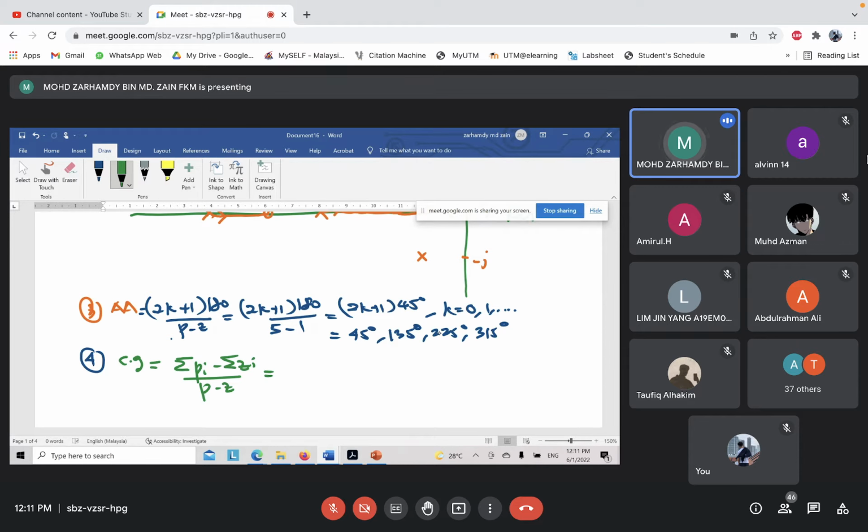So from here, I believe you can do it: negative 0, negative 3, negative 5, negative 1 plus j, negative 1 minus j, minus negative 4, over 5 minus 1. Okay, what is the value?